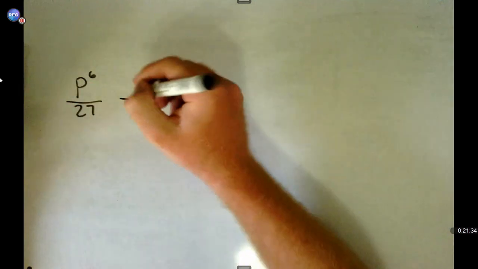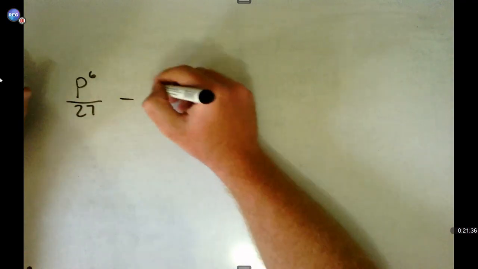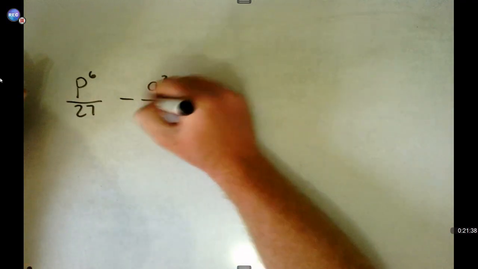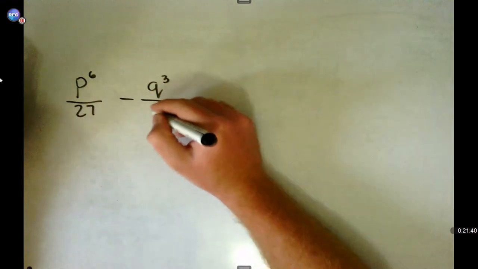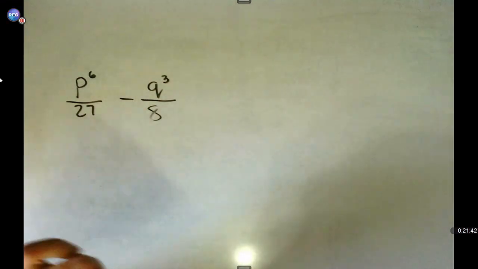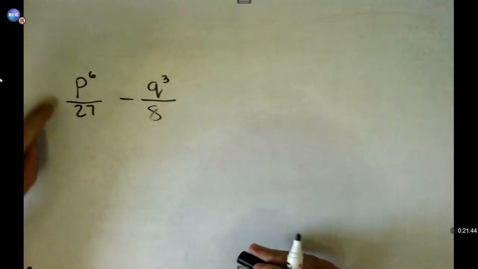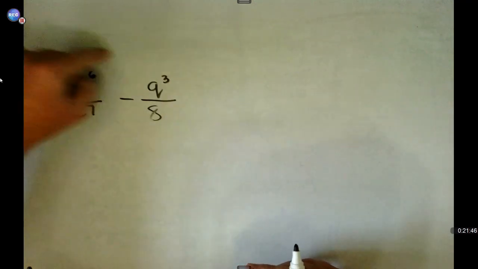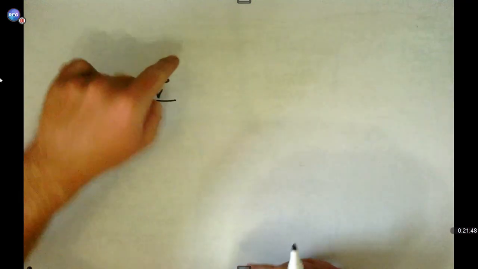Okay. P to the power of 6, there we go. And we'll put that over 27. And then we'll subtract that from q cubed, and we'll put that over 8. So, remember when we cube root, we will cube root the entire fraction there as well.